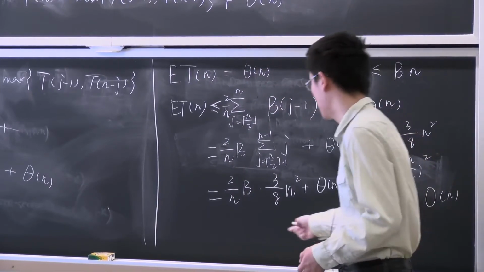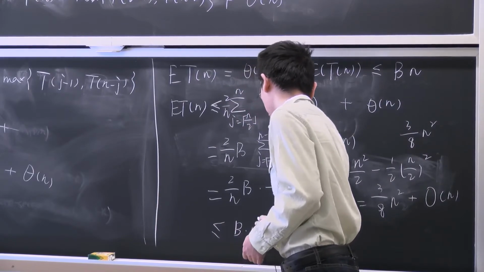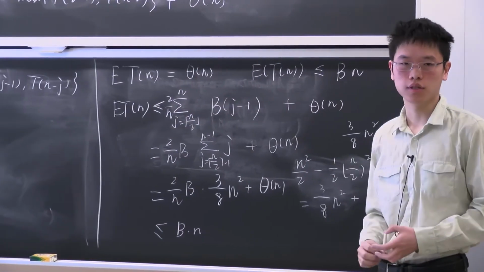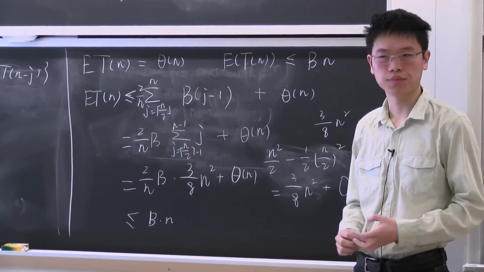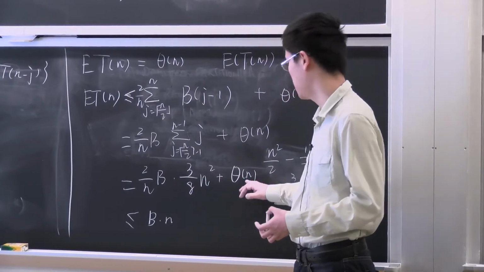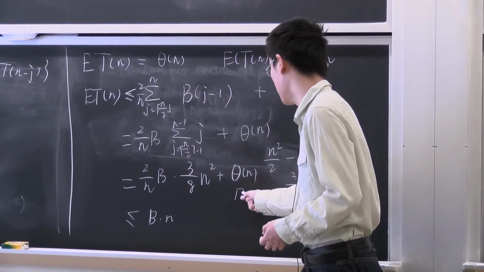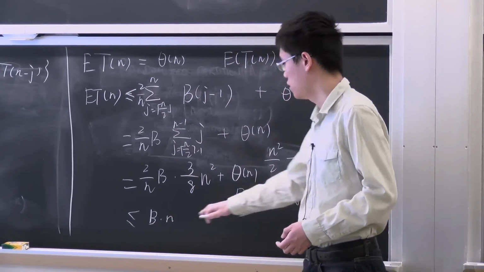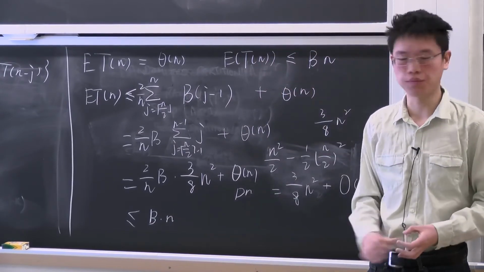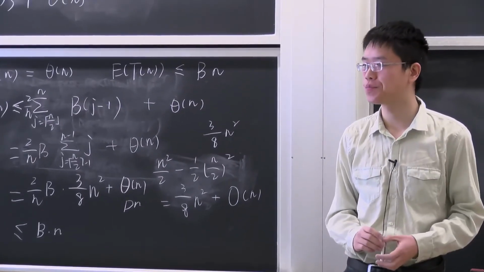And our goal is to show this is less than b times n, which is clearly true, because this is 3/4 b times n, plus another term. We can say this is another constant d times n, and if we choose b accordingly, this can hold. Any questions?